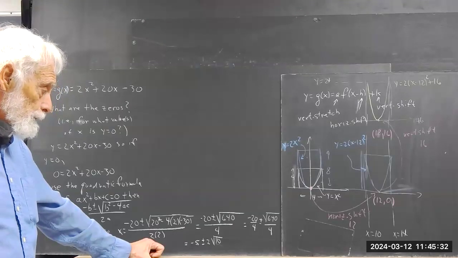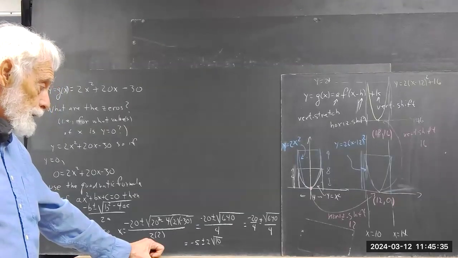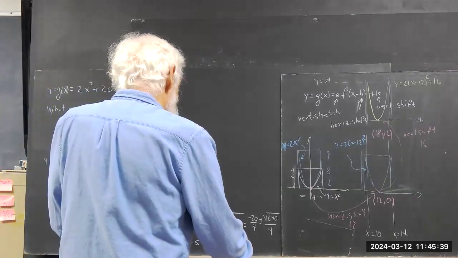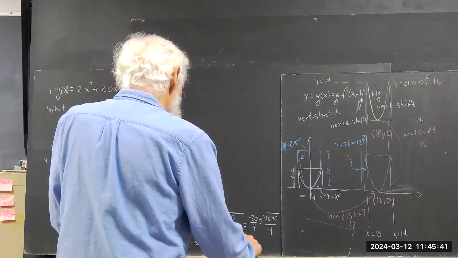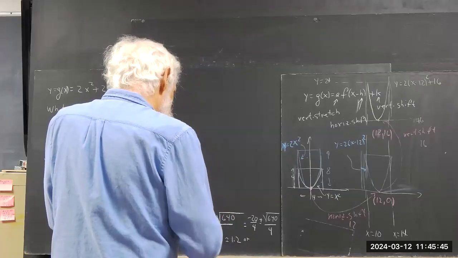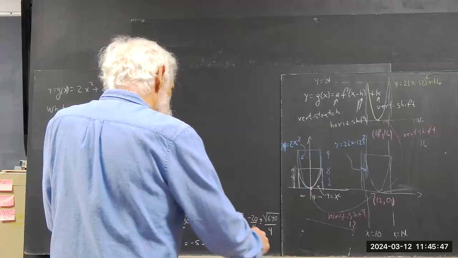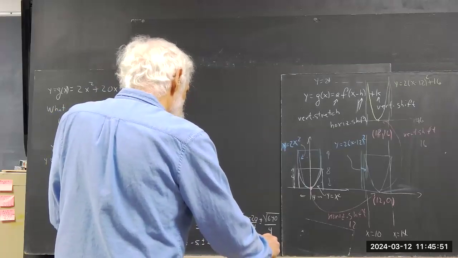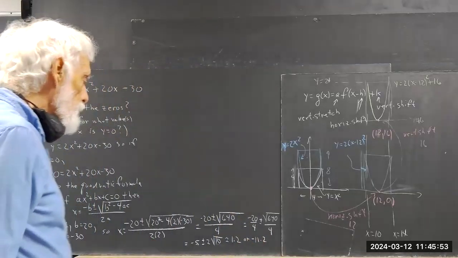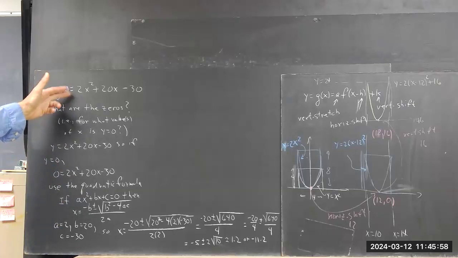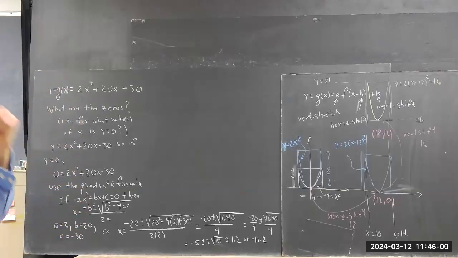And the square root of 10 is about 3.1, so that's going to be negative 5 plus or minus maybe 6.2. Or negative 11.2. So if you have a quadratic function, you can always do this.